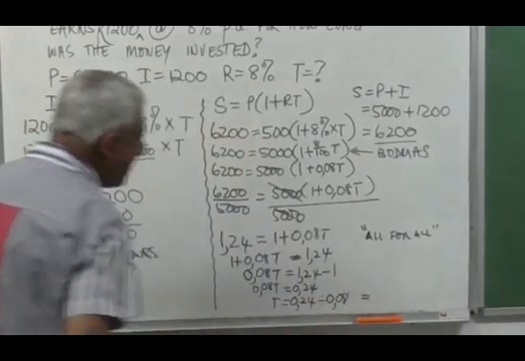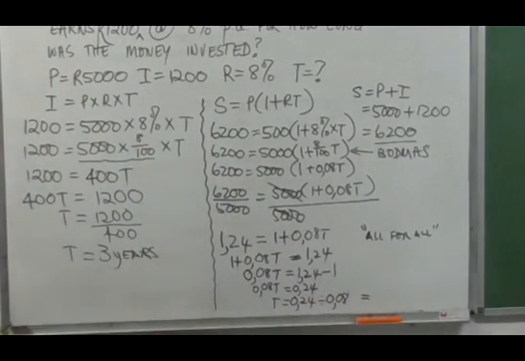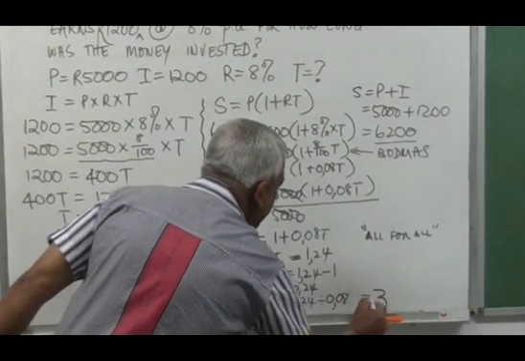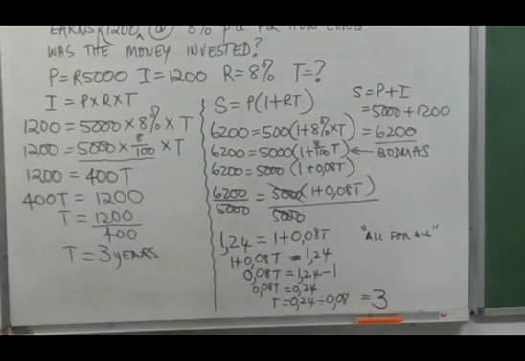When you put that in the calculator, you'll get the answer 3. So once again you find the time is 3. So whichever way you do it, you can get the right answer.